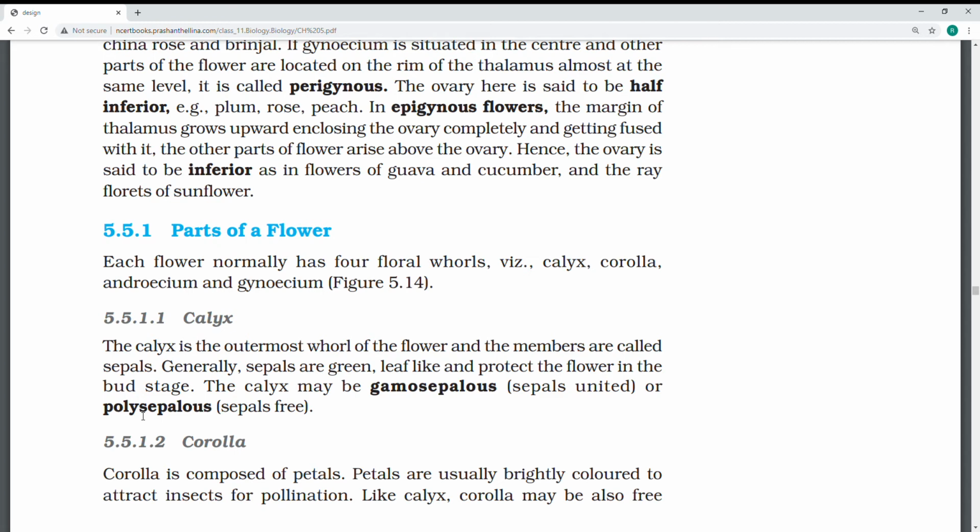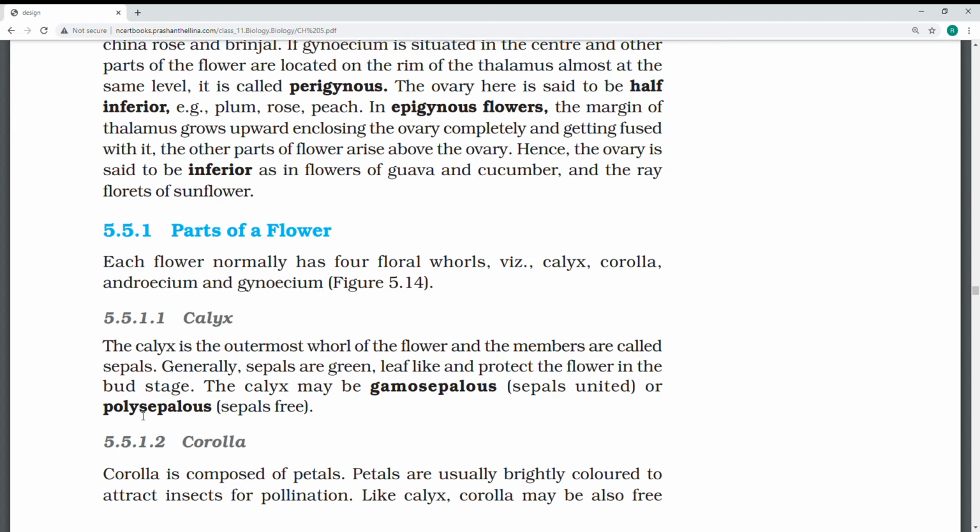Each flower normally has four whorls: the calyx, which is the outer portion, and the corolla, which is the petals, and the calyx is the sepals. The stamens are the male reproductive organ, containing male gametes, which are the pollen grains. The female part at the center is the female reproductive organ, with female gametes, the ovum or egg.